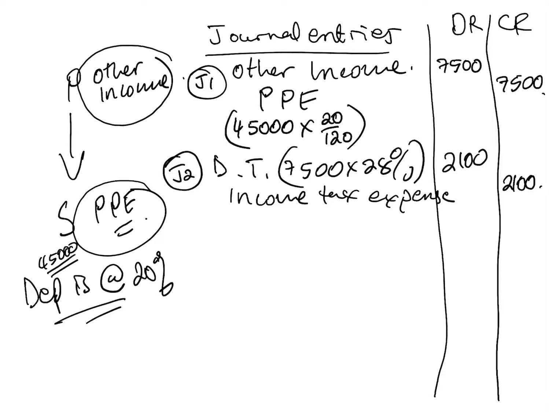Why? Because there was a profit that was made by the parent when they were transferring the asset to the subsidiary. So because of that, the cost of the asset is going to be 45,000 minus 7,500. So depreciation was supposed to be charged on 37,500, but it is being charged on what? On 45,000.